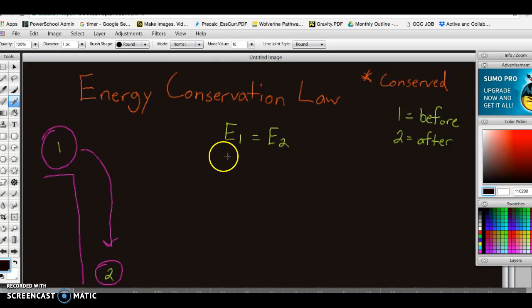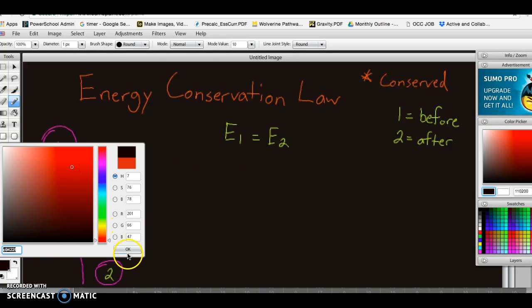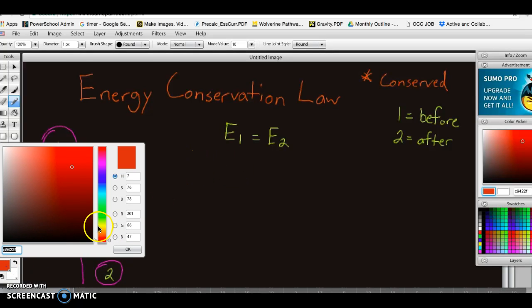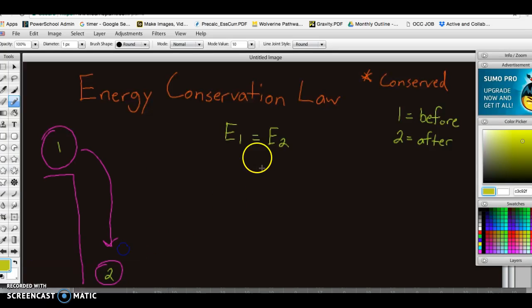So in class, we learned that mechanical energy, or E, is just your potential energy and kinetic energy added together. So the energy before is going to turn into KE1, kinetic energy before, plus PE1, potential energy before.